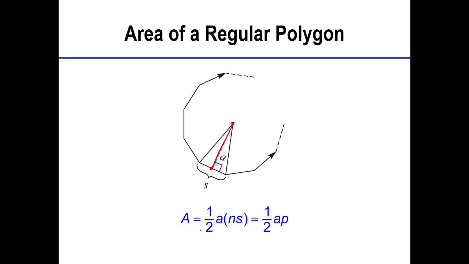So the area is equal to 1/2 times the altitude times n, which is the number of sides of the polygon, and we'll multiply that by S, which is the length of the sides. And that is equal to 1/2 times the altitude times the perimeter.